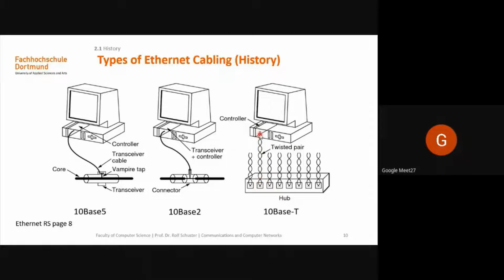One pair to transmit from the station to the network, and another pair to transmit from the network to the station.